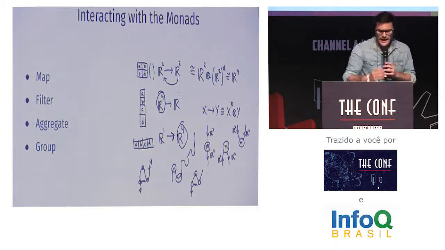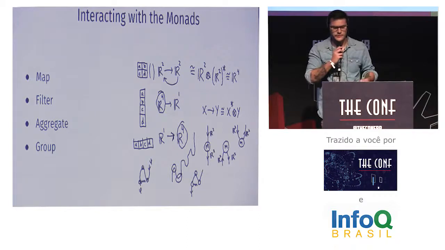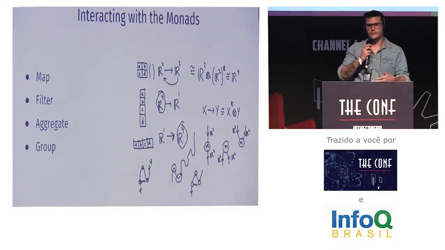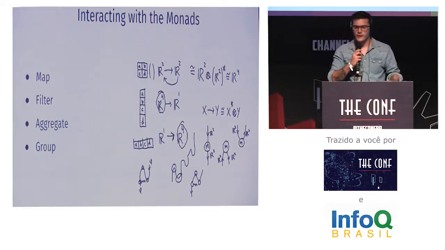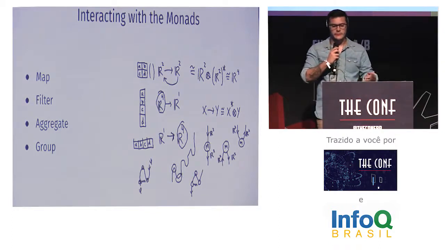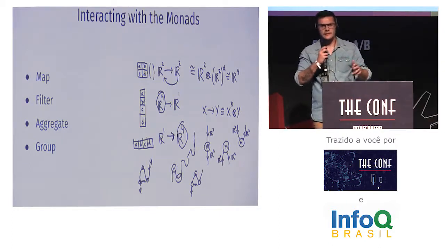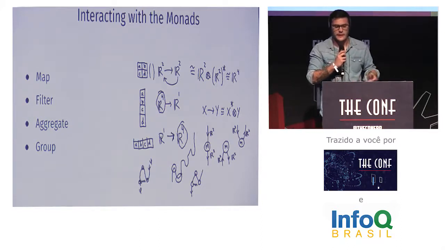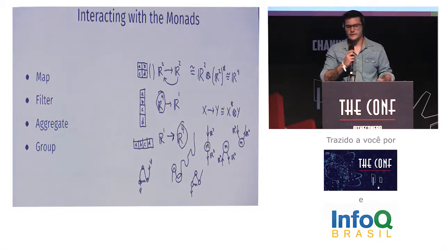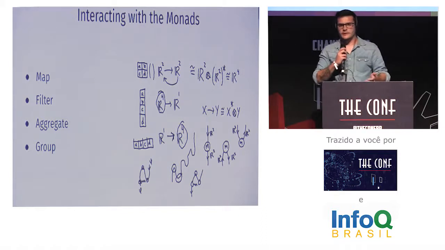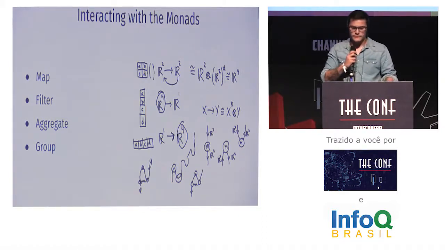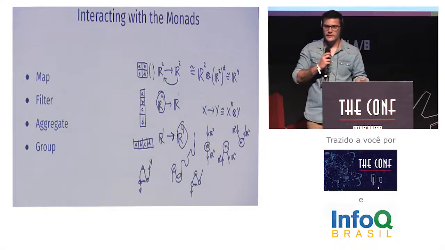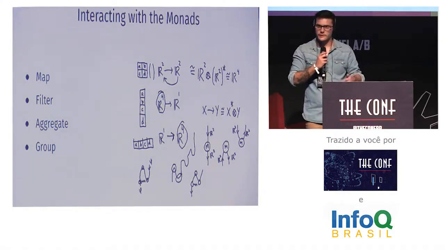So most of you are probably already using some of the functions that we use to interact with monads. In fact, many data structures nowadays implement the main monadic laws that you're going to see here, like dictionaries, arrays, sets, and so on. In these data structures, we are already used to using map, filter, and group to iterate over each element of the list.